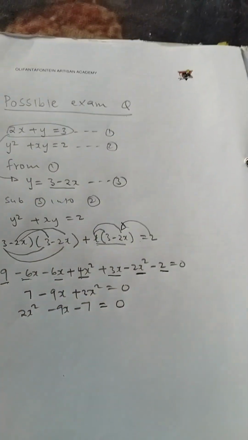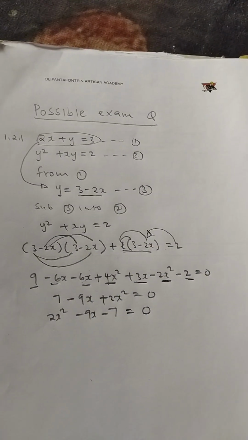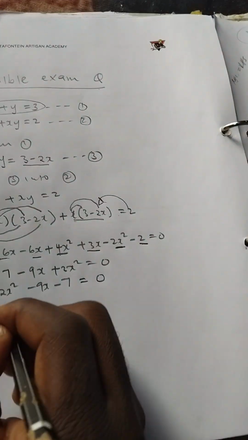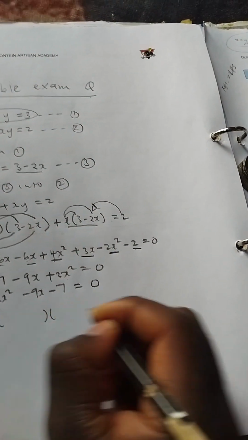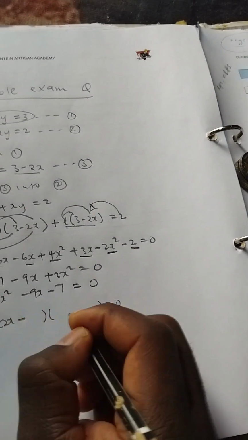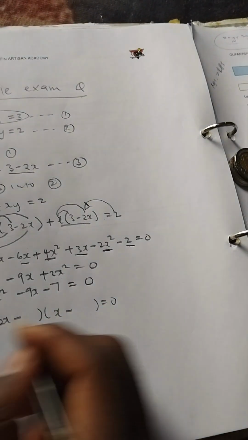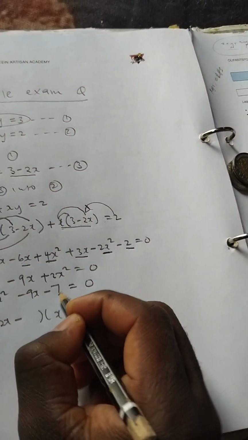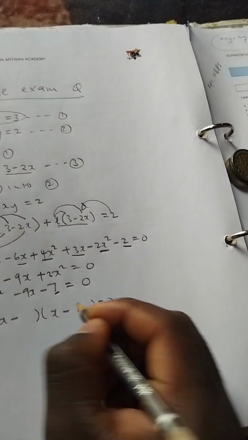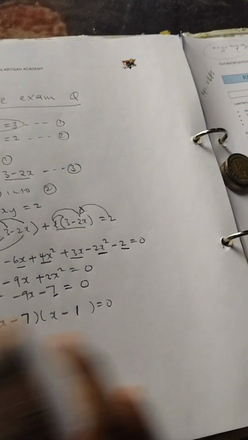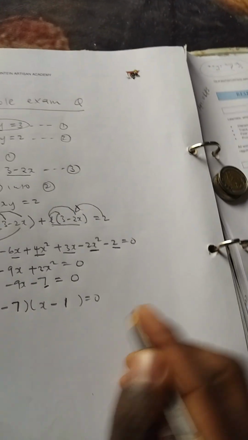Then we need to factorize. We open brackets: we have 2x minus and x minus. Since we need 7 as our final value, here we put a 1 and a 7 here. Someone will ask how I arrived here.